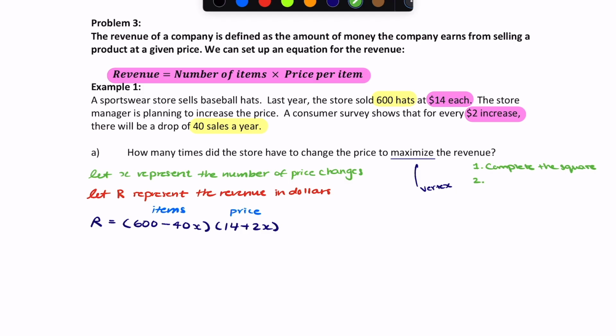The second way is using the formula negative b over 2a. And the third way to solve it is to average the x-intercepts and divide by 2.